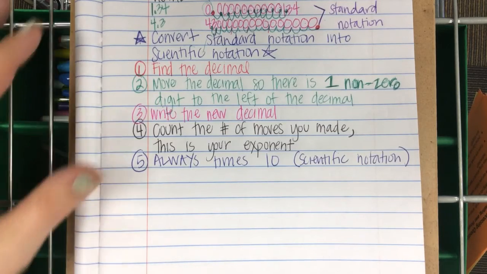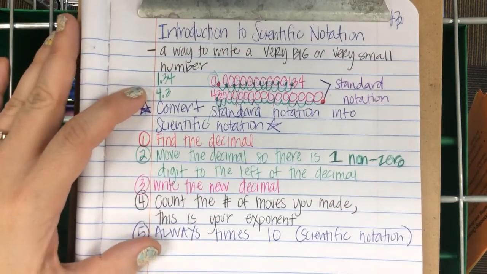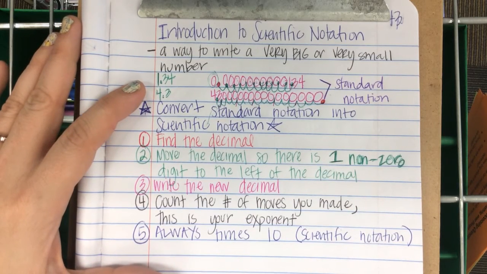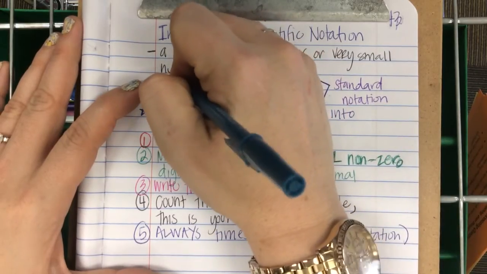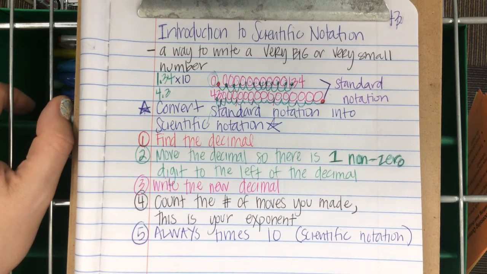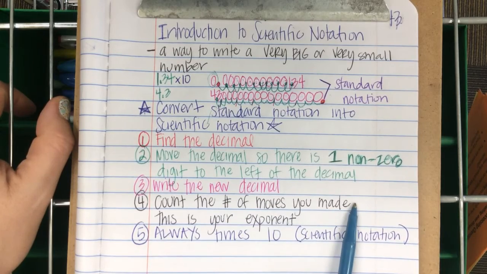So let's look at those examples. 1.34 times 10, always times 10. And count the number of moves you made.